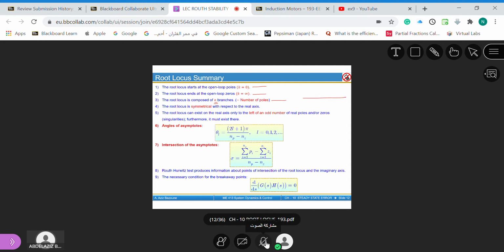This is the real axis: if this one does this, this one will do this, symmetric. This is what it means. The root locus can exist on the real axis only to the left of an odd number of real poles and zeros, singularities.